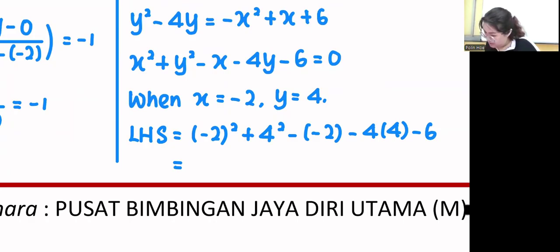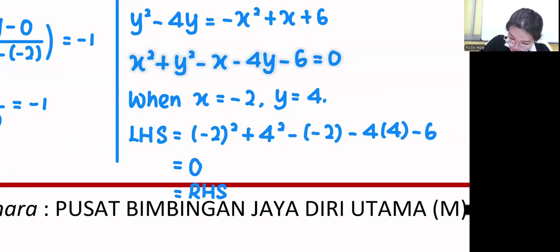Okay? 4 plus 16 plus 2 plus. x squared 4, y squared 16, minus negative 2, minus 4y, minus 6, I get 0, equals the right-hand side.